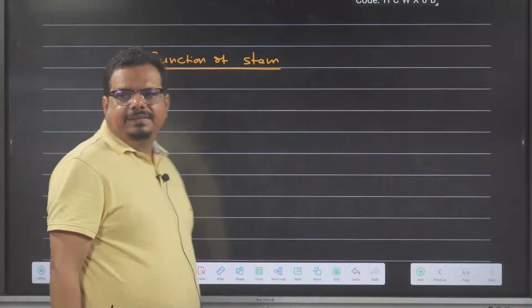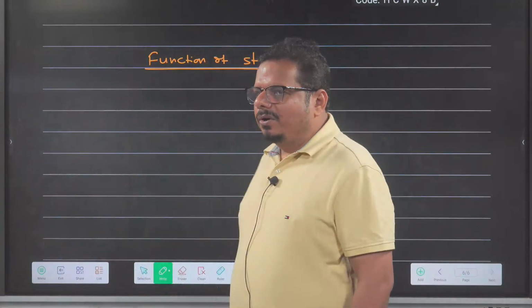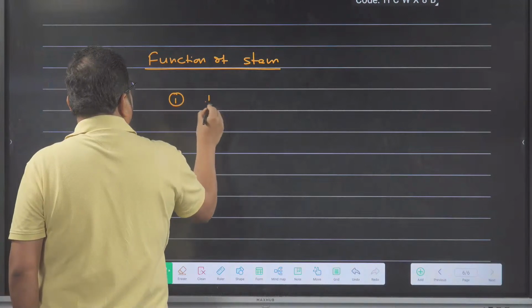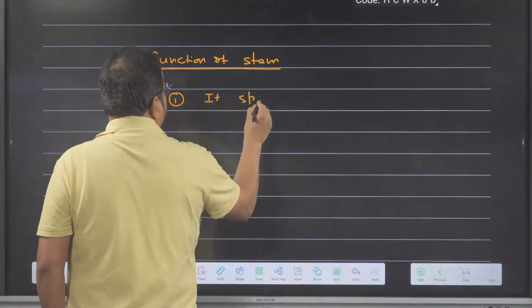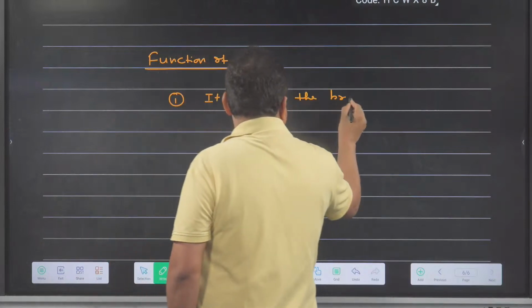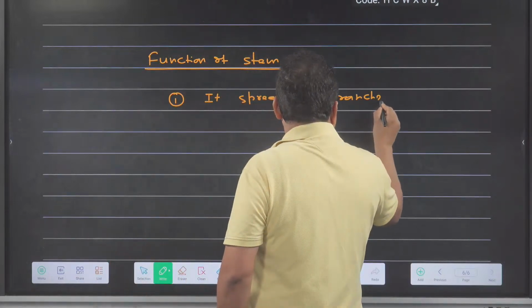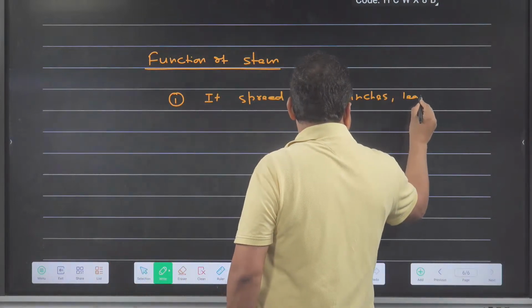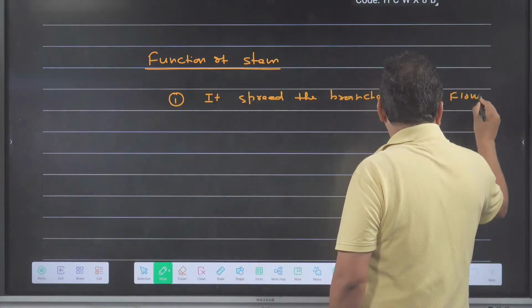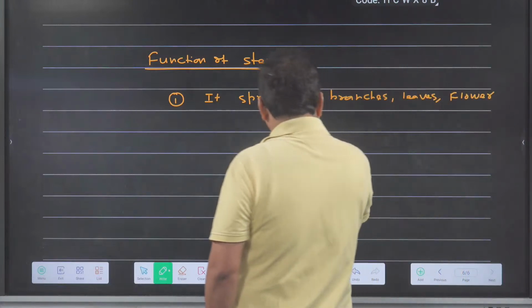Function of a stem. The first function I am writing: it spreads the branches, leaves, flower and fruit.